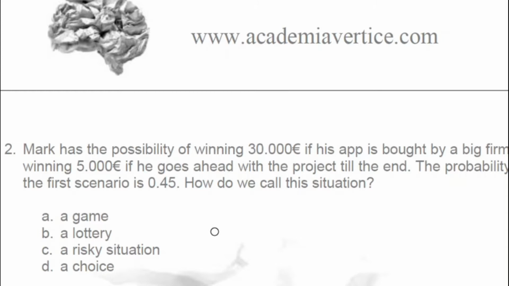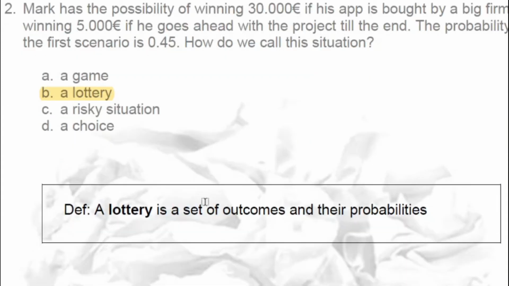What Mark has is the possibility of winning 30,000 or the possibility of winning 5,000, each with its corresponding probability. So what Mark has is a lottery. Well, we know that a lottery is a set of outcomes and the probability of each possible outcome.